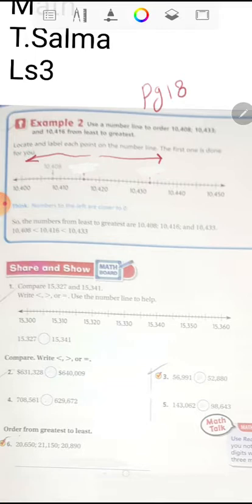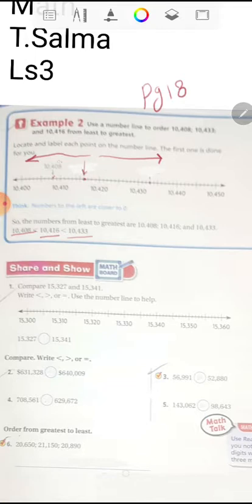Okay, so if you want to compare here between two numbers, like look, 10,408, 10,416, 10,433. So first you locate this number 10,408 on this point. If you want to locate the next one, 10,416, you will locate it here.